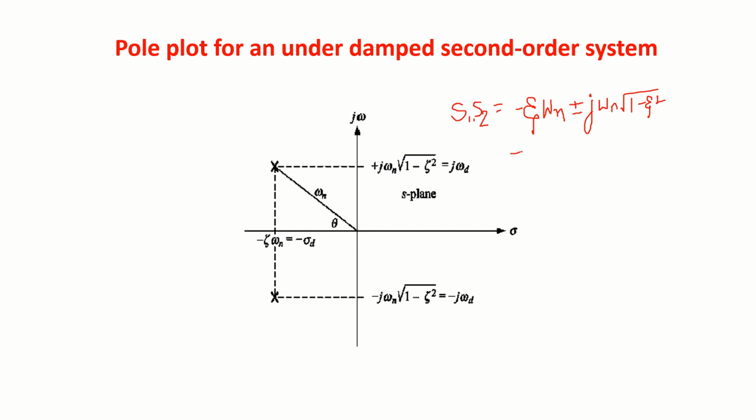Or you can also write this as minus zeta omega n plus or minus j omega d.